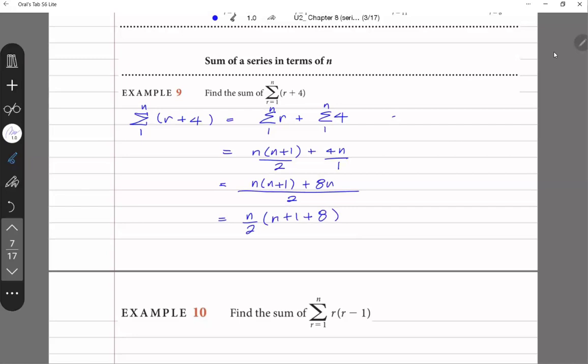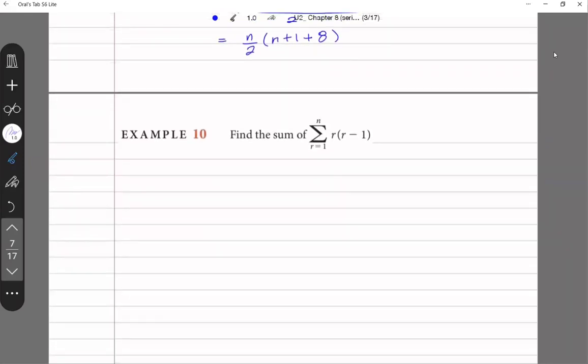So it looks like my answer is going to be n over 2 into n plus 9. Is this what you got? You multiply it out, so you get n squared plus 9n over 2. Okay. Let's have a go at 10.